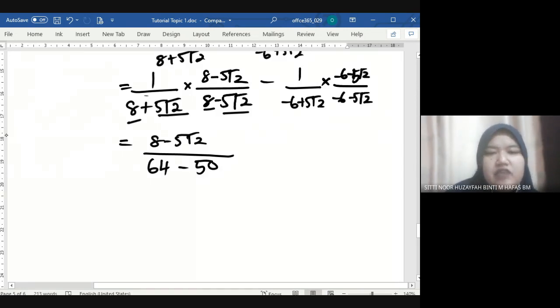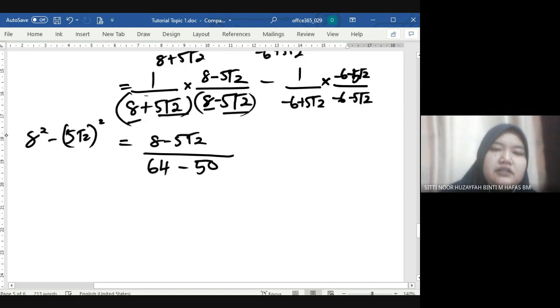Okay, you can use your calculator. Note that it will be 8 squared minus (5√2) squared after you expand it. Right, so 5 squared and √2 squared. So √2 squared will be 2, 5 squared will be 25. That's why 25 multiplied by 2, we get 50 here.